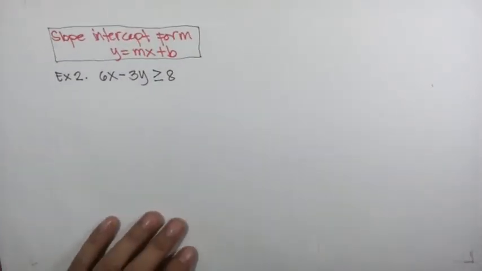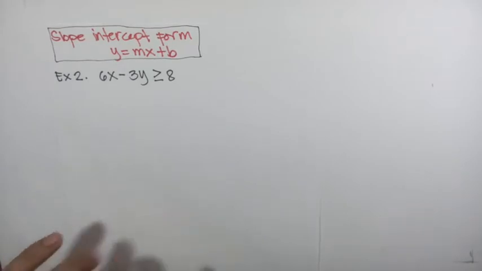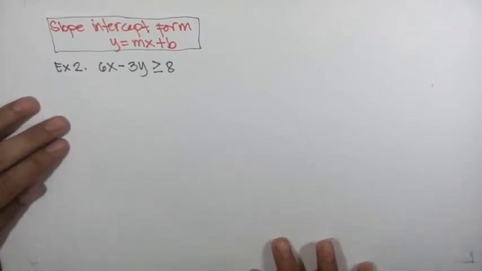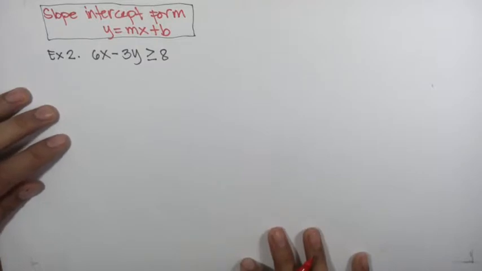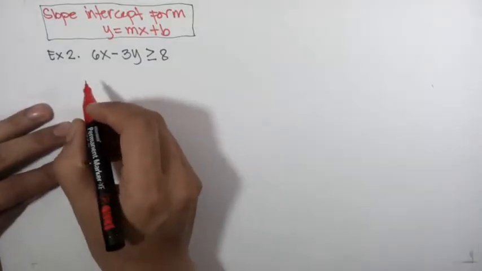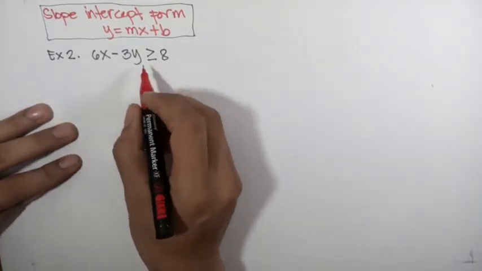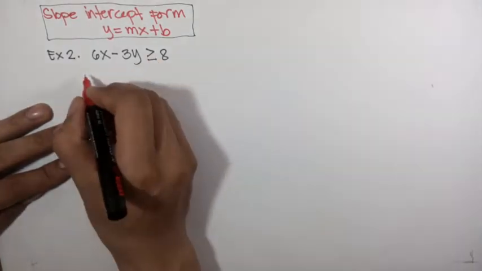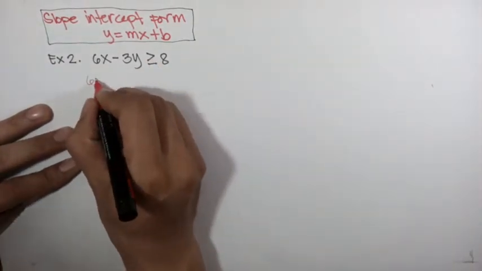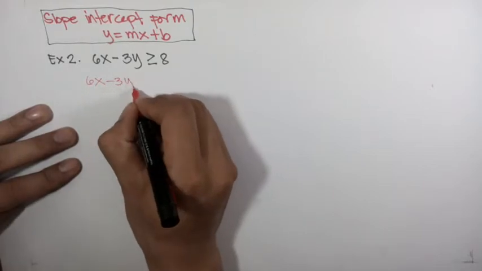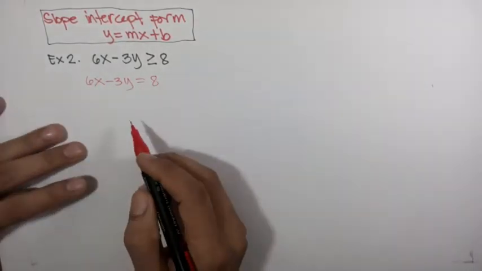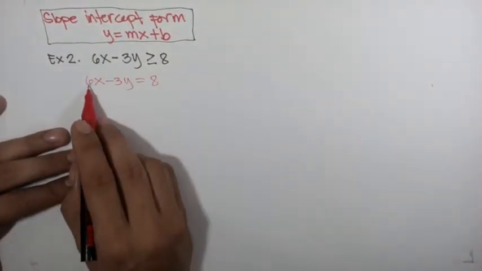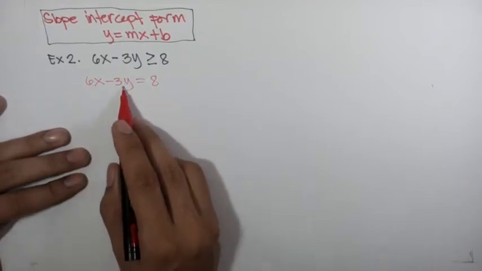Okay, here, just the same. Our task is to again change this to slope-intercept form and identify the slope and the y-intercept. To begin with, let's again change this inequality symbol to an equal symbol. So you have 6x minus 3y equals 8. Now, we need to make the 6x 0 since we want only y on the left side.